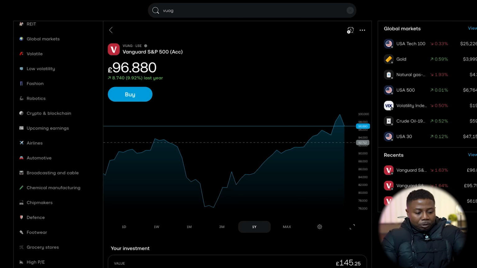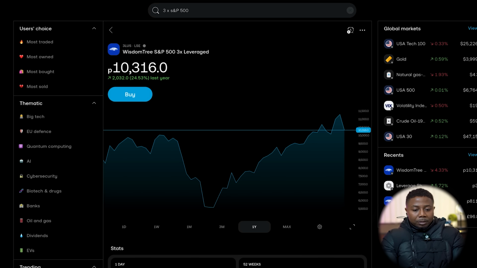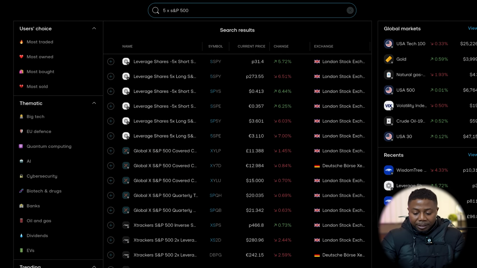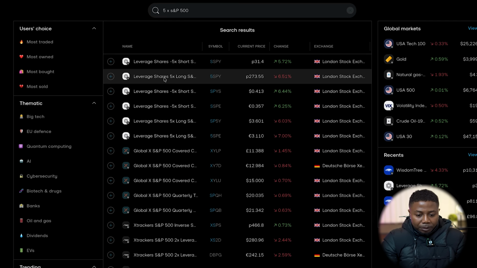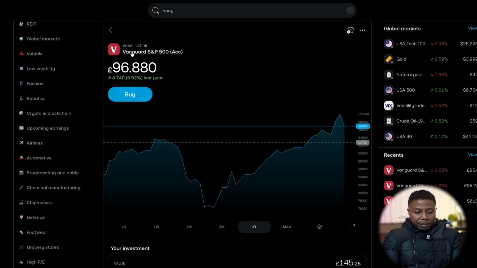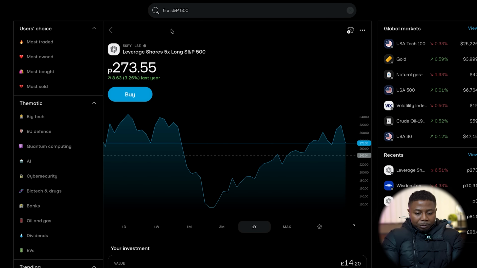If you then go even further out, the higher the leverage, the more there's going to be a difference in the way that it reflects it. So if you look on the 5 times leverage one, again the S&P 500 ETF finished on 9.92% against this time last year, but the 5 times leverage one is only 3.26% up, and that's down to that decay that I was talking about.